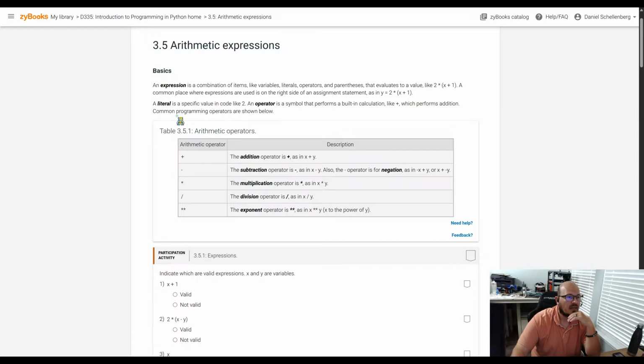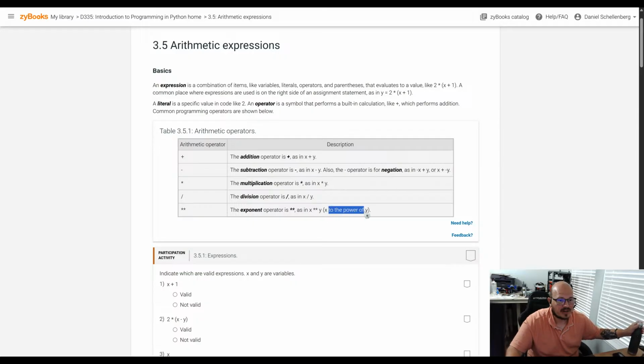A literal is a specific value in code, like 2. An operator is a symbol that performs a built-in calculation, like addition, or plus, which performs addition. Common program operators are shown below. So this is where I was saying earlier how you did the exponent, to the power of.